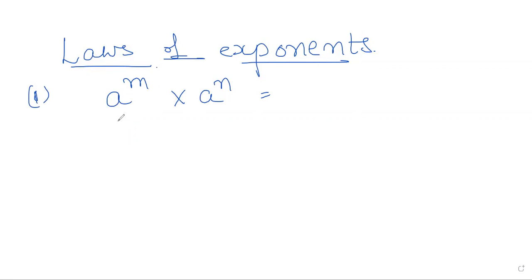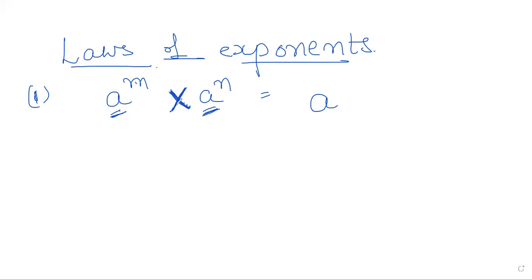If you see the terms here, see the bases are the same. Here there is a, here also we have a. Bases are the same, so you can write a here. Write a, then we are multiplying the terms here, right? There is a multiplication sign. We are multiplying a to the power of m and a to the power of n.